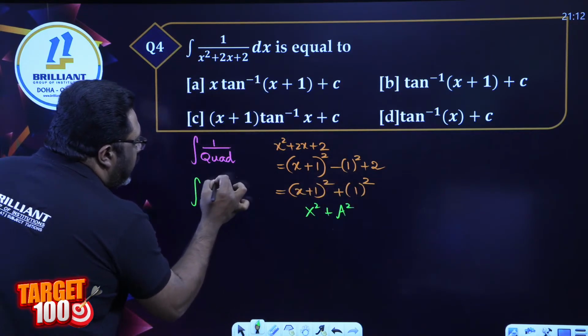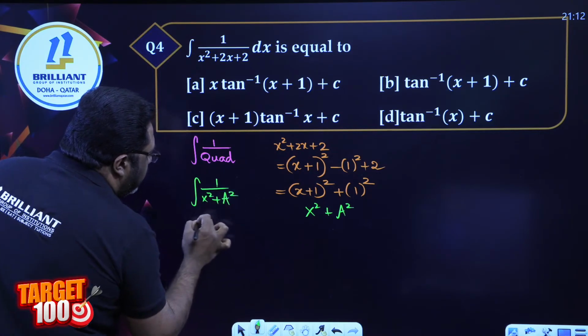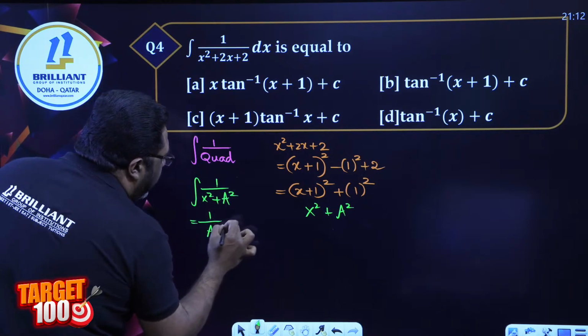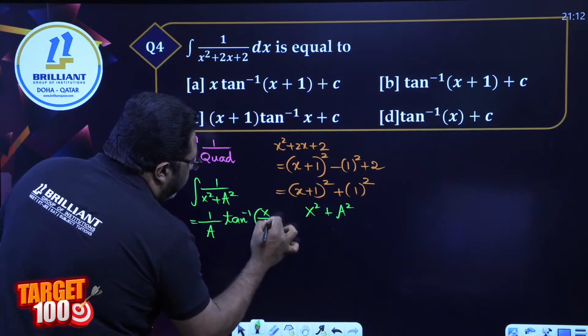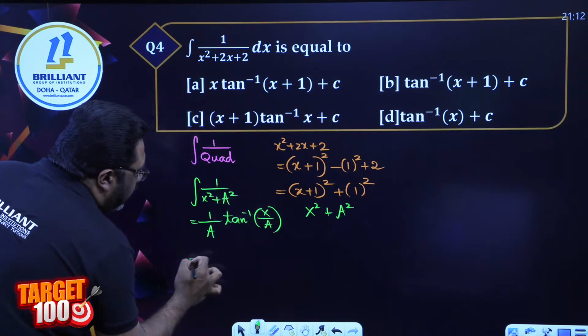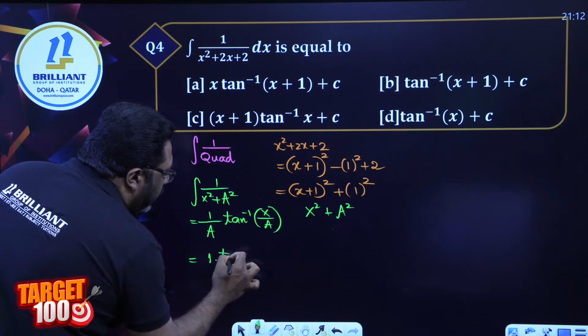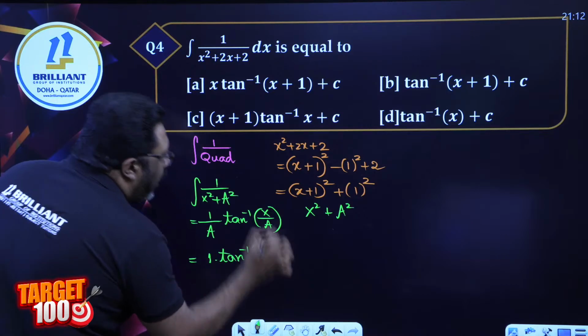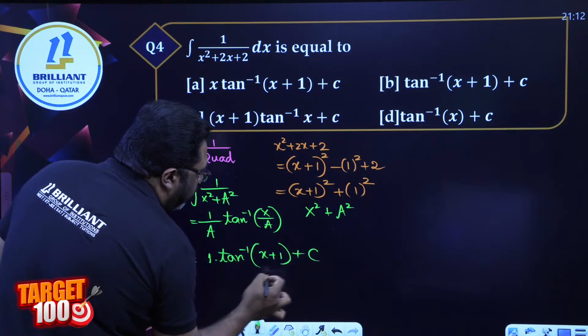Now I'm trying to do the integral of 1 by x squared plus a squared, which is equal to 1 by a tan inverse x by a. Substitute this correctly in the expression. A is 1, so 1 into tan inverse of x plus 1 plus c.